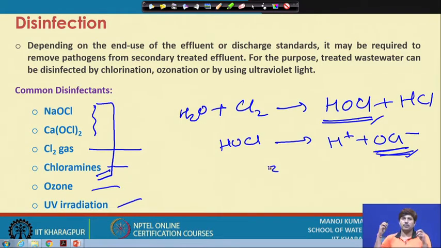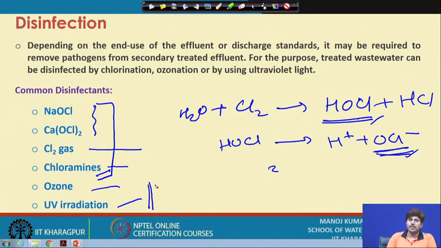So if we put UV light of those wavelengths, that energy is absorbed by the microorganism cell walls, and then they are disrupted, and as a result microorganisms die. So that way UV also ensures disinfection. UV is getting more and more popular nowadays.